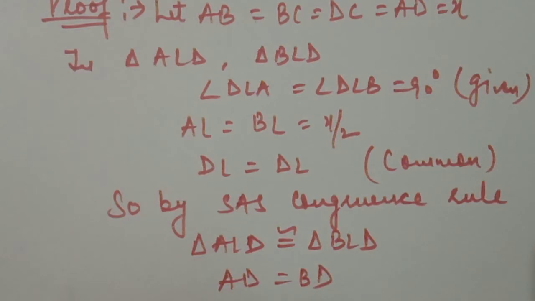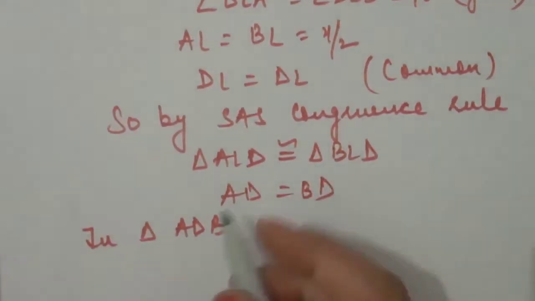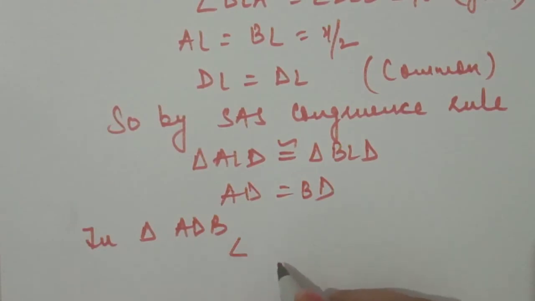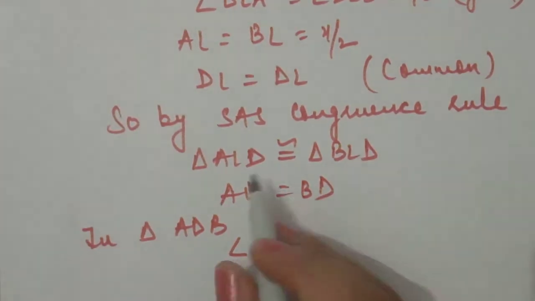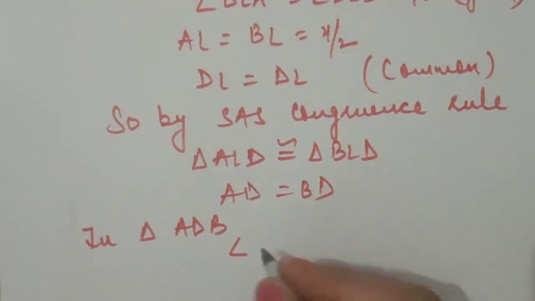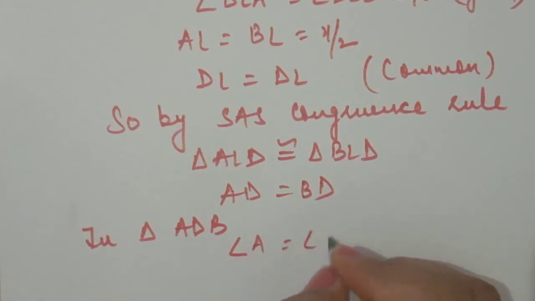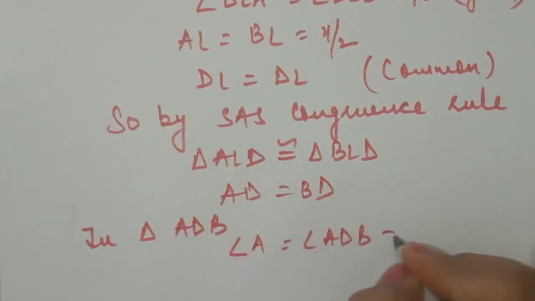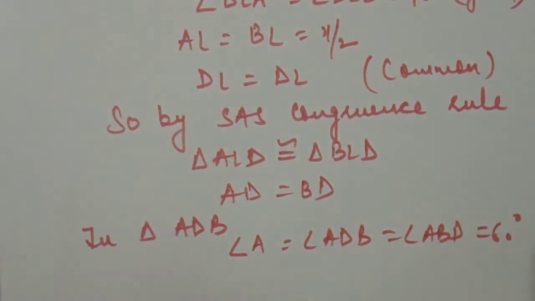Now in triangle ADB, because triangle ADB is an equilateral triangle, all sides are equal to each other. So angle ADB and angle ABD are equal to 60 degrees.